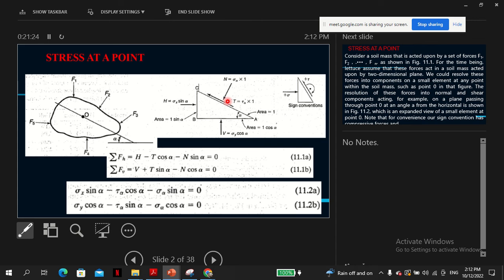Okay, but these are forces, so you need to convert them into stresses, basically by dividing by one by one, because the area is one. All right, so you can see here, the H force, this is sigma times the area, so the force, but now you write the force out in detail.